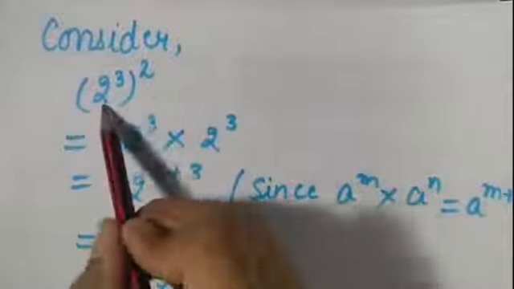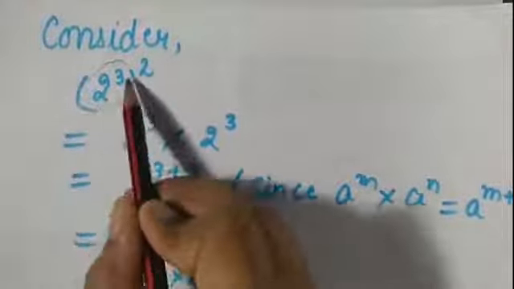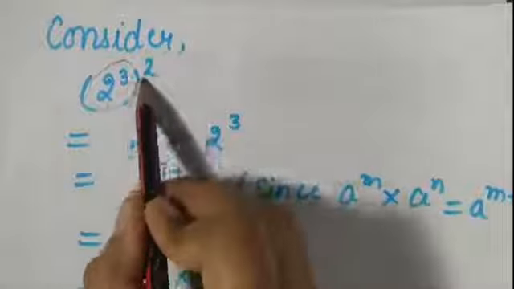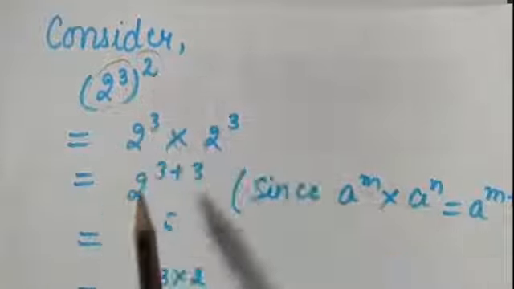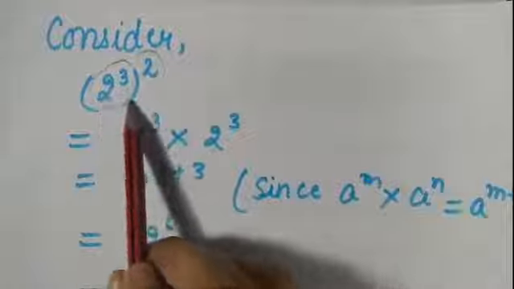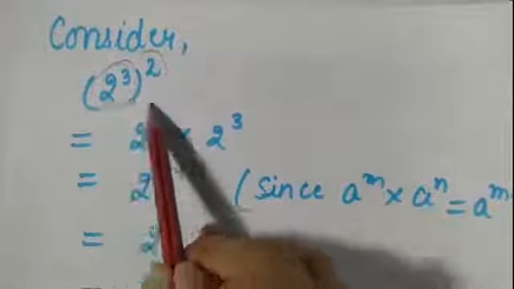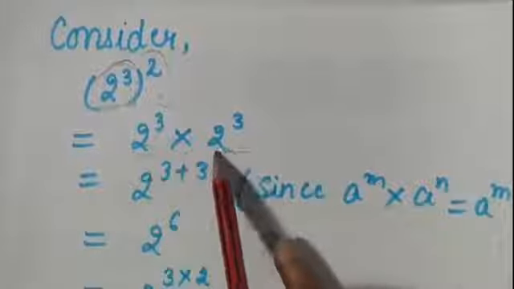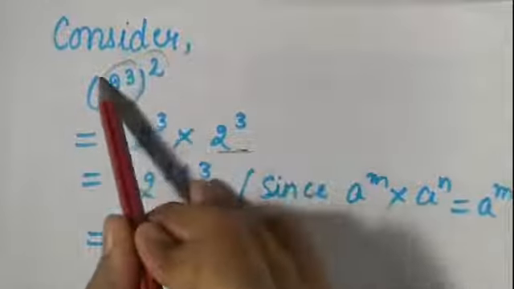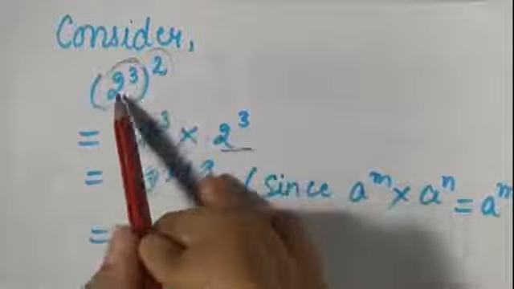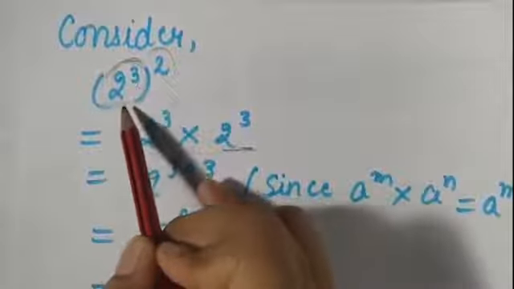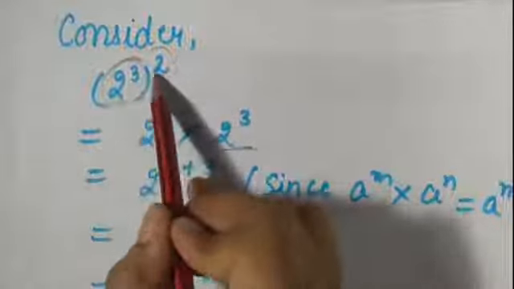It means that this number 2 raised to the power 3 is being multiplied 2 times. So we can write this number in this form: 2 raised to the power 3 is being multiplied 2 times. First I have taken the number which is in the bracket, 2 raised to the power 3. It means this number is being multiplied 2 times.